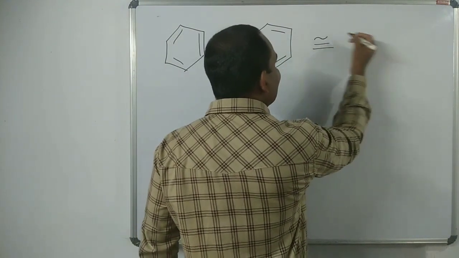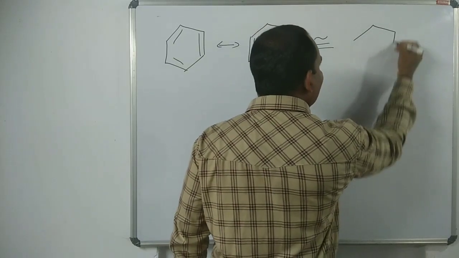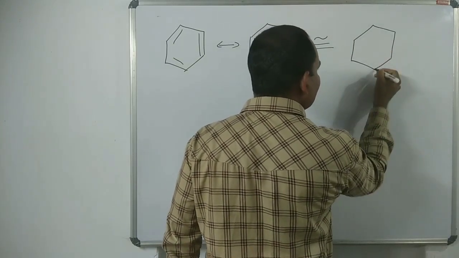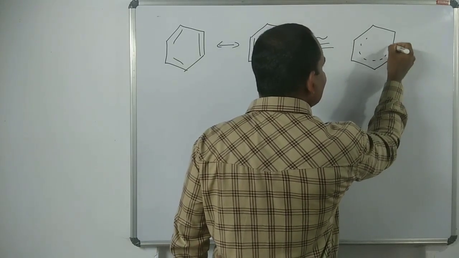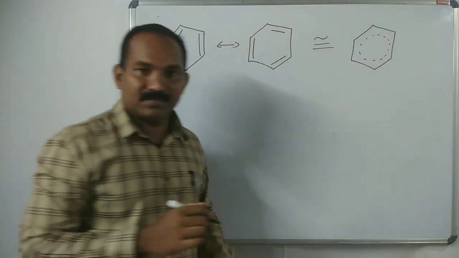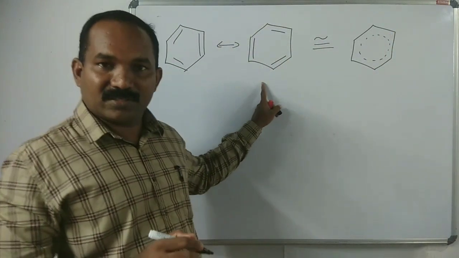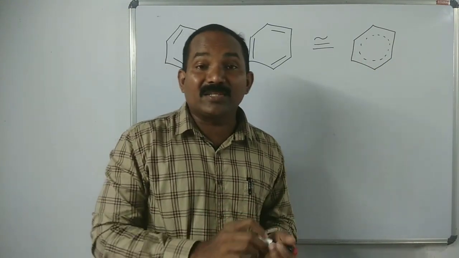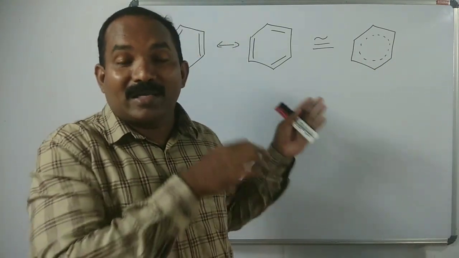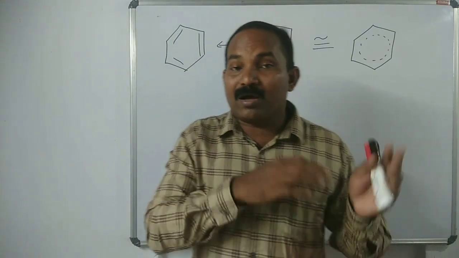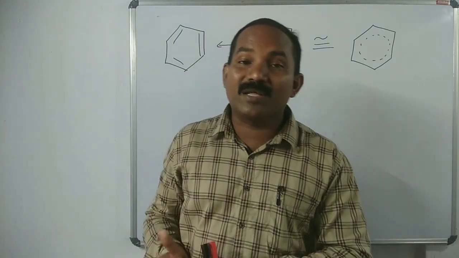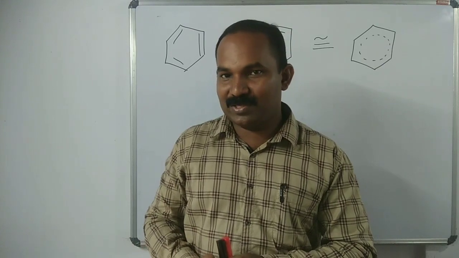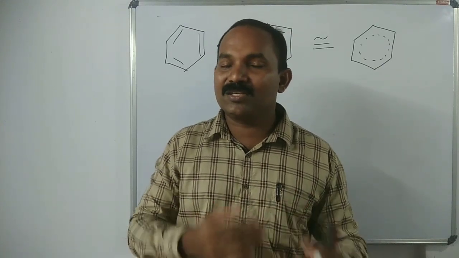And this is the resonance hybrid, the stable structure, while the others are canonical structures. The energy difference between the canonical structures and the resonance hybrid is called resonance energy or resonance stabilization energy.